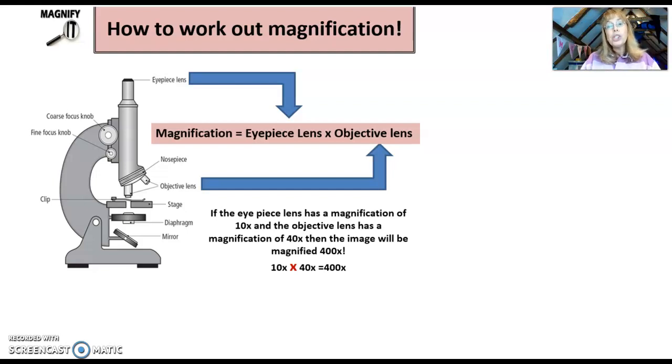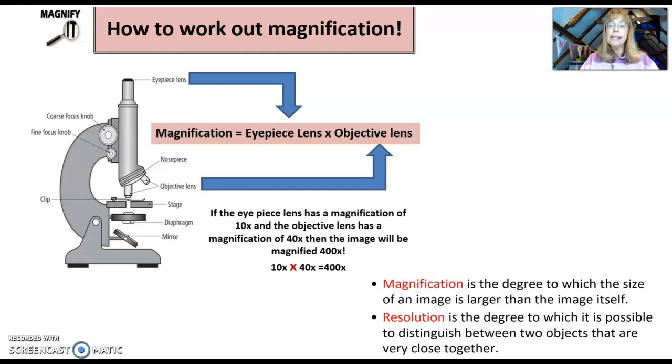Now, there are some important terms they like to use, and it's so important that you can define these when it comes to the microscope. That is magnification, the degree to which the size of an image is larger than it is in reality, and then resolution. Now, we know that there is the light microscope and there's the electron microscope.